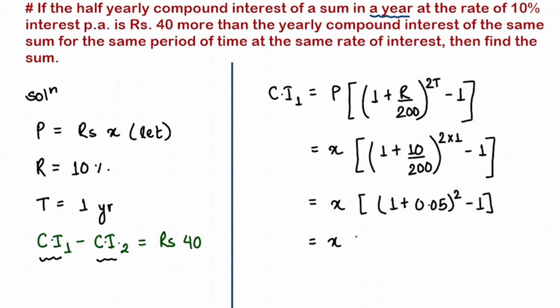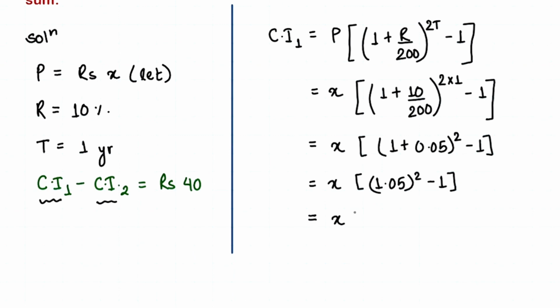Equals X times 1.05 squared, which is 1.1025, minus 1. Now 1.1025 minus 1 is 0.1025, times X is just X, right? So it's 0.1025X. Now this is our half yearly compound interest on a certain sum, which is our X, okay?